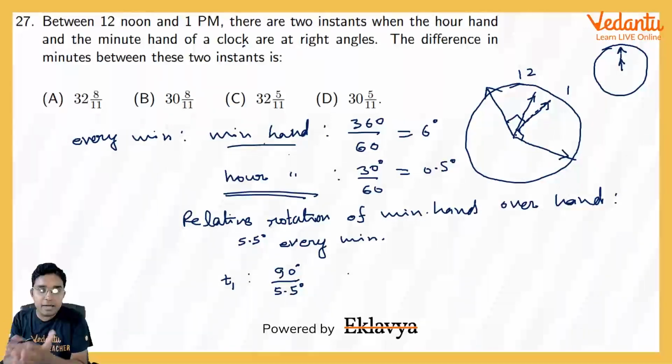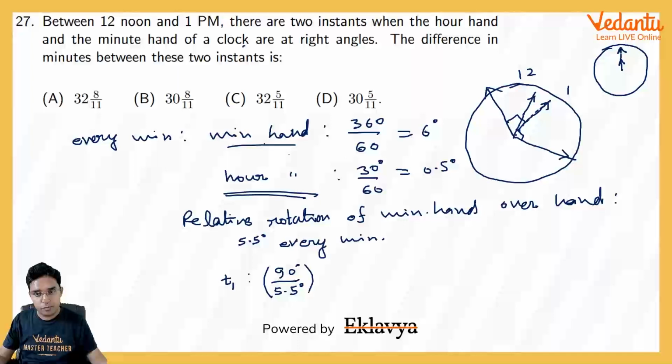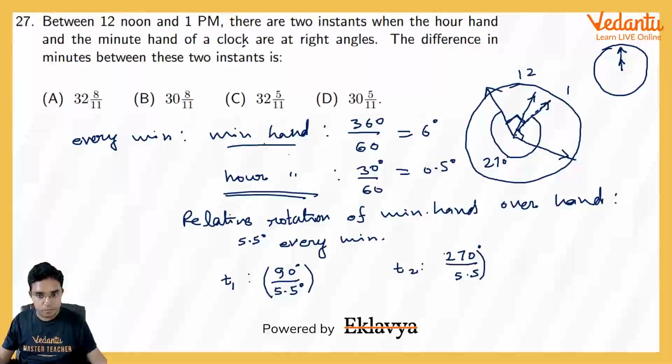So to get a 90 degree relative rotation, we just have to divide by 5.5. Now what will be my T2? Looking at T2, from this side the angle is 90, but from this side it is 270. So it has to be 270 degrees upon 5.5, in minutes.